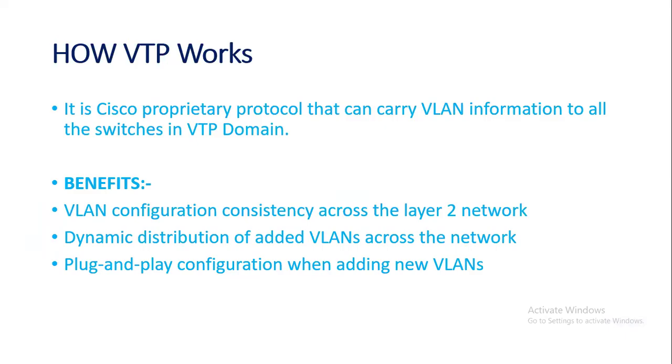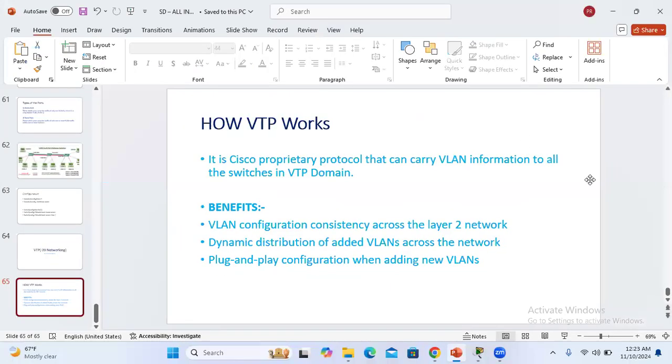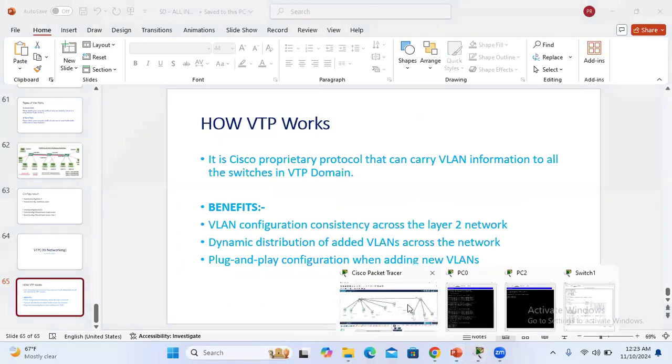That means you don't need to configure each and every switch. You can configure one as a server and the others as clients, and the domain should carry the server's VLAN information to the others. So that is how the VLAN Trunking Protocol works, and let's go on to the other things.